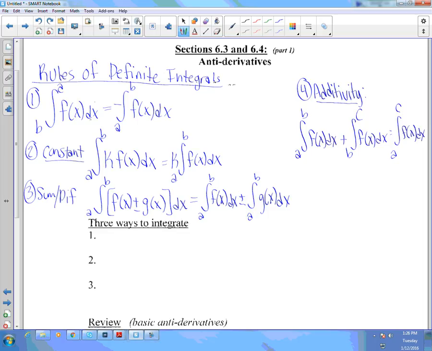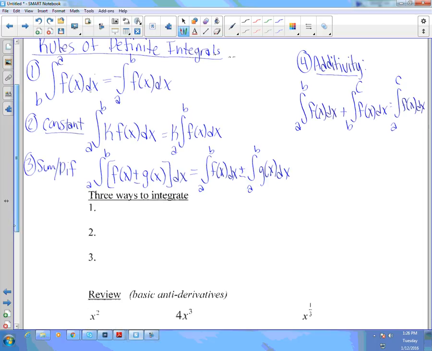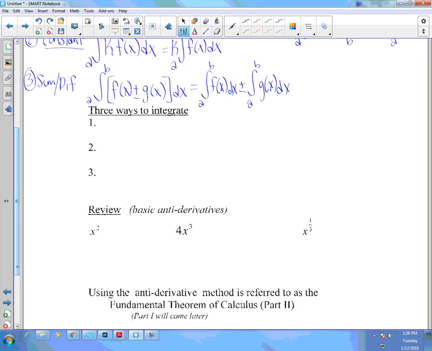Okay, last time we wrote down three ways to integrate. What's the first one I talked about? Estimation, using LRAM, RRAM, MRAM. Estimation using the RAMs. Those are called Riemann sums. A guy named Riemann, back in the day, created that method of estimating using rectangles underneath the curve.